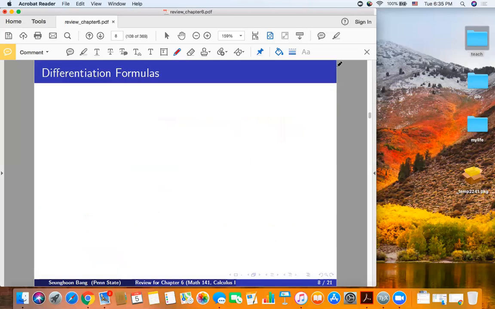The next one, you have to memorize these differentiation formulas. Do you know what is C prime? Could you write your answer on the chat board? The C is constant. What is constant prime? Okay, thank you, all. What's X prime?